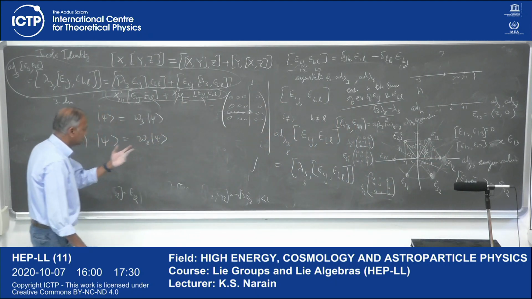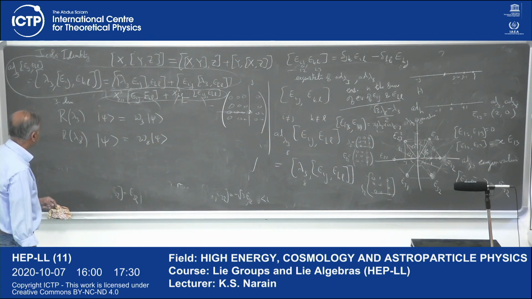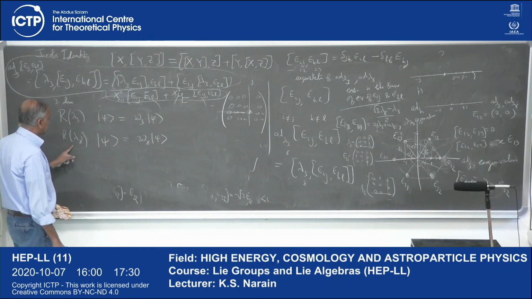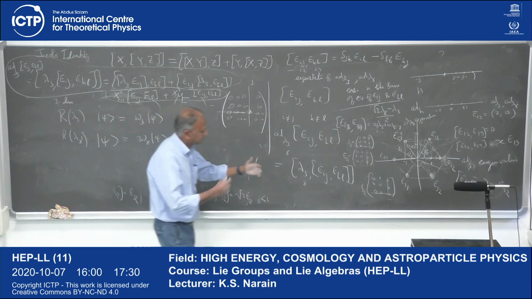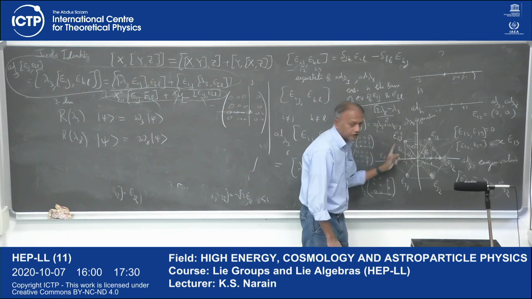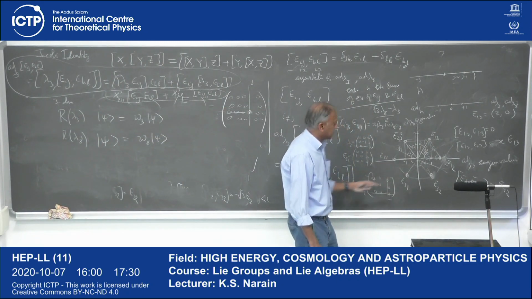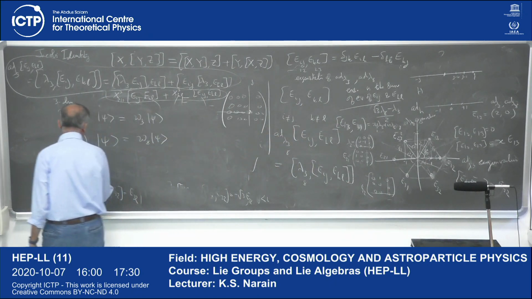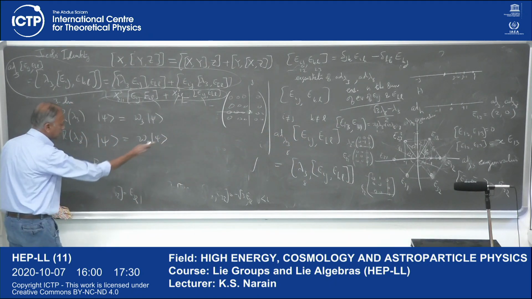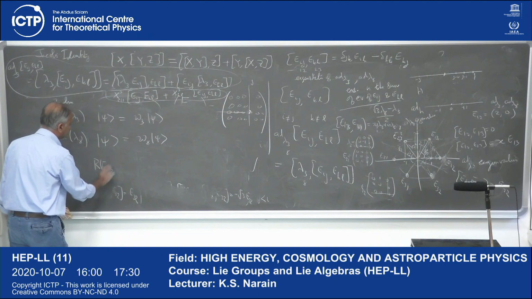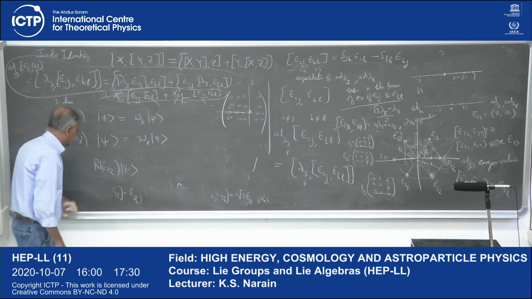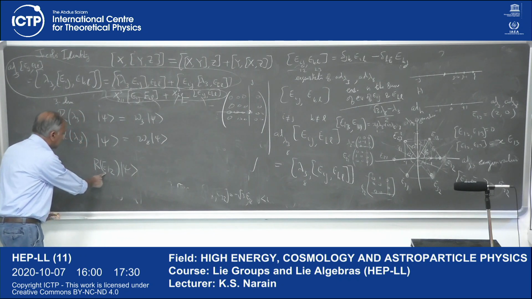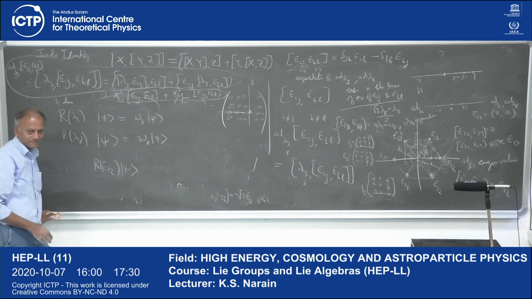But the use of that diagram is this: suppose you start applying the creation or annihilation operators, I mean the raising or lowering operators. I want to ask the question, if I apply any one of them, let's say R E12, acting on psi, is it again a simultaneous eigenfunction of both?